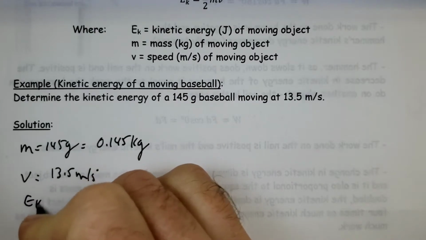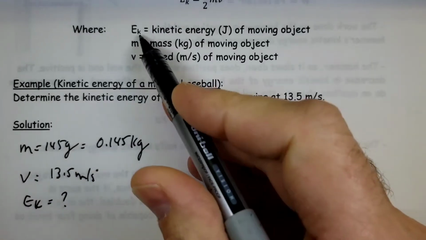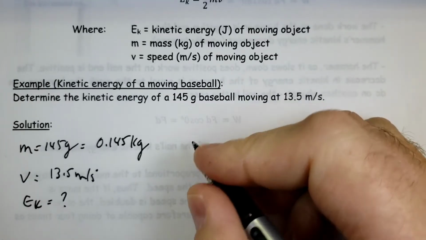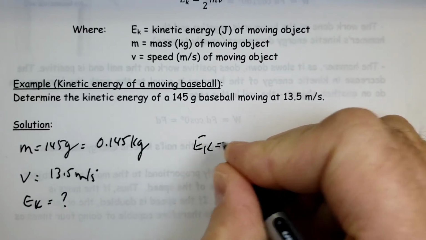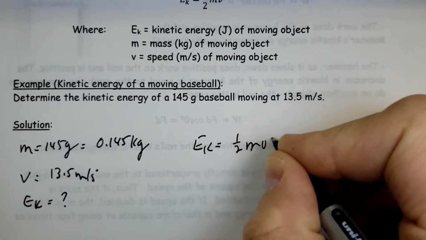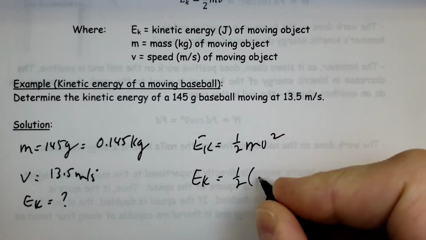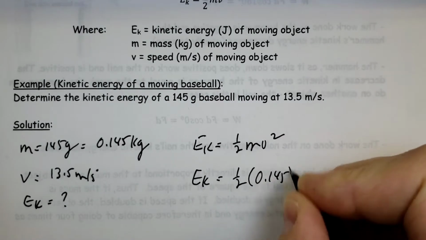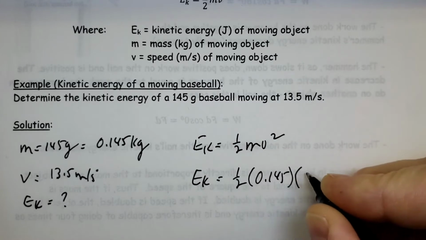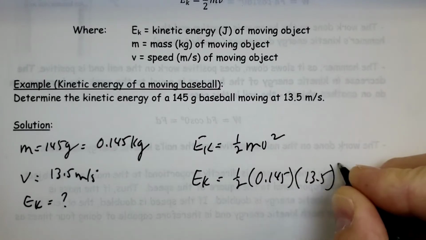And kinetic energy, symbolized by EK, is the question mark. So EK equals 1/2 mv squared. So 1/2 of the mass in kilograms multiplied by the velocity squared.